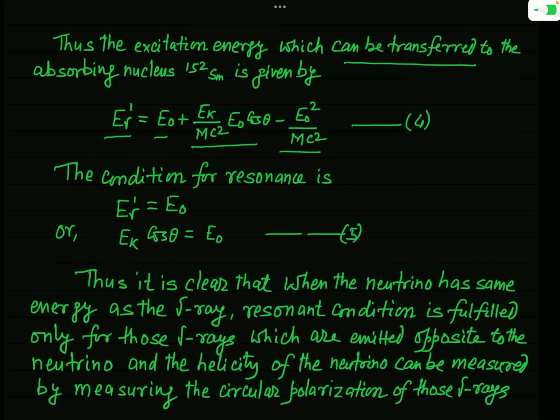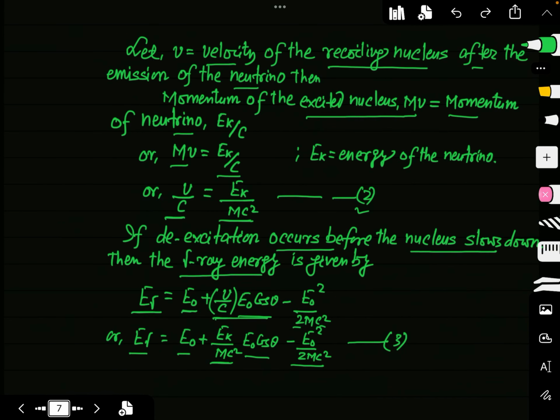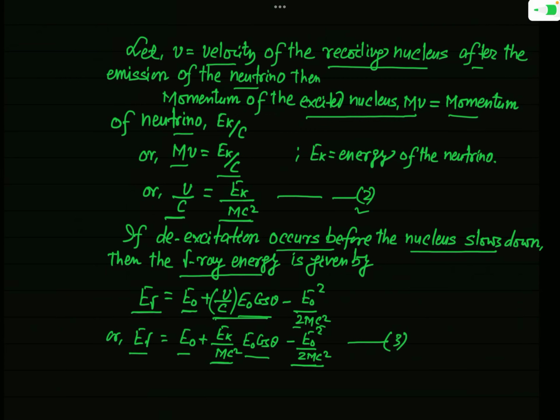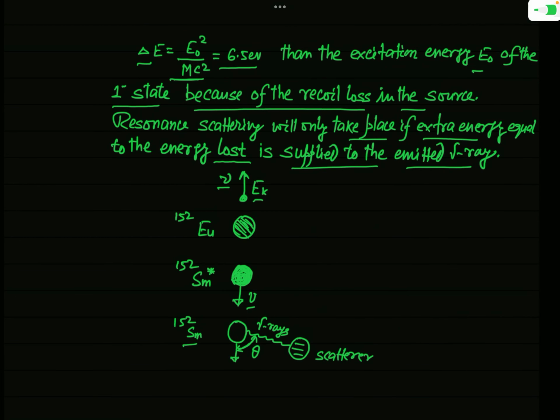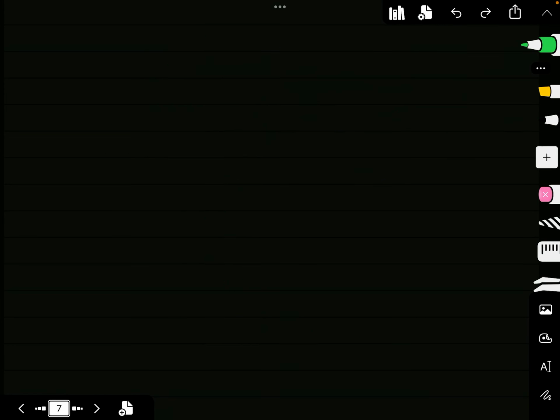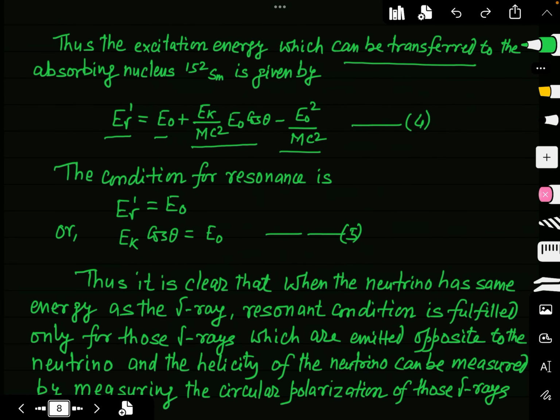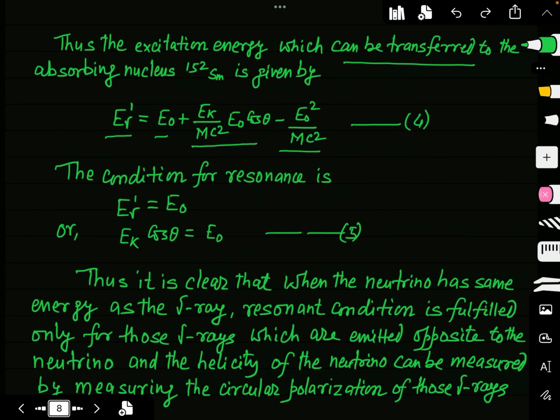Okay, you can see here the value E naught square by 2mc square was subtracted. So when you add in this expression E naught square by mc square, which is the excitation energy, we will get the value of the excitation energy given to the absorbing nucleus Sm152.